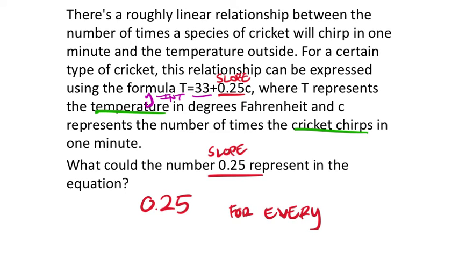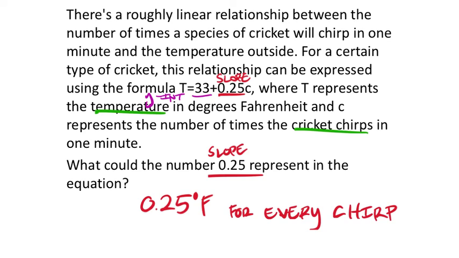So the temperature is in degrees Fahrenheit, and that would be for every chirp. Seems backwards to me, but just be aware that this doesn't really make sense if you were to do some dimensional analysis here, but that's what they're looking for on the assignment.